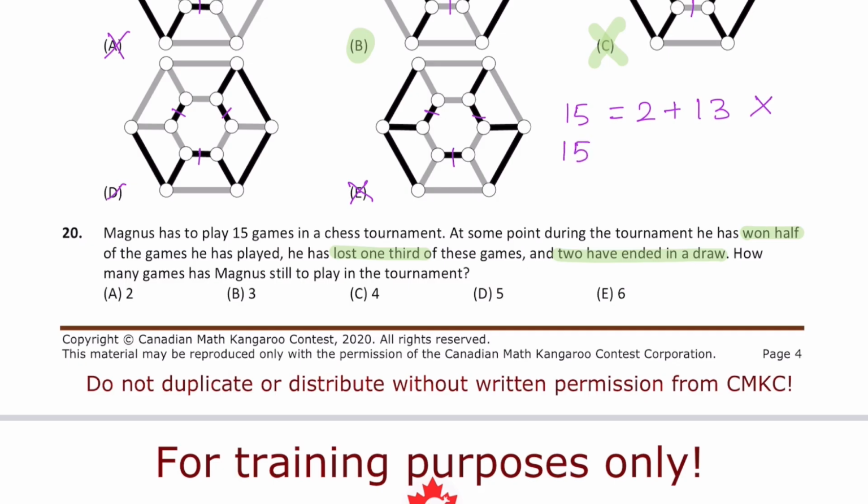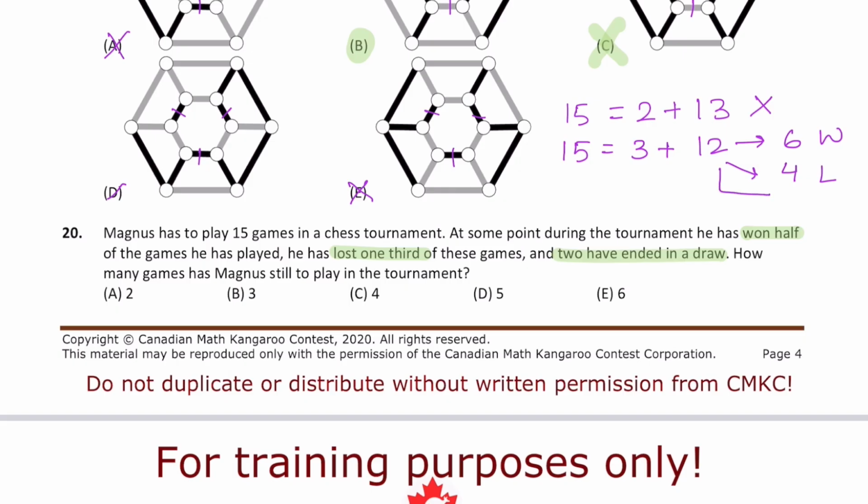Let's look at 15 minus 3. 3 plus what is 15? 12. 12 is divisible by 2. He won 6 games, right? And he lost 12 divided by 3, which is 4. So an L on the 4th game.